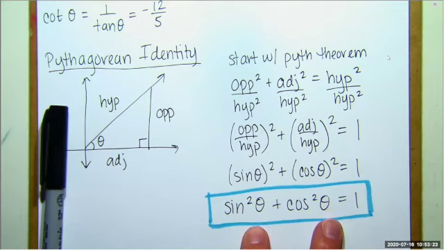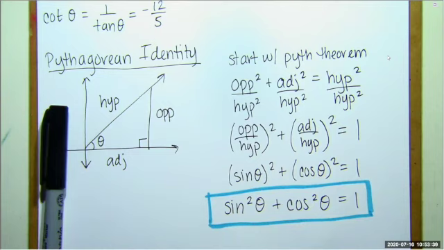The real benefit of this is that if you know sine or cosine, you can plug it into this formula and figure out what the other one is. It's a really nice formula that relates sine and cosine to each other.